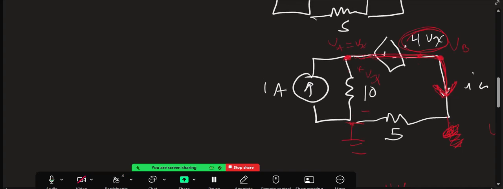We need the equivalent resistance. So we want to find the Thevenin equivalent of this circuit at t equals infinity. We need to find R equivalent. And how do you do that with a dependent source?